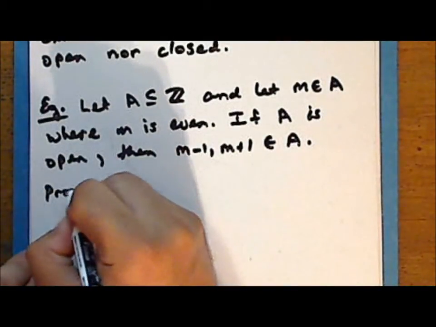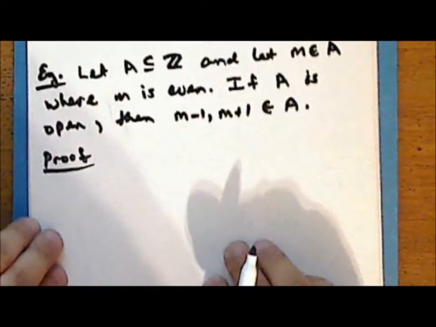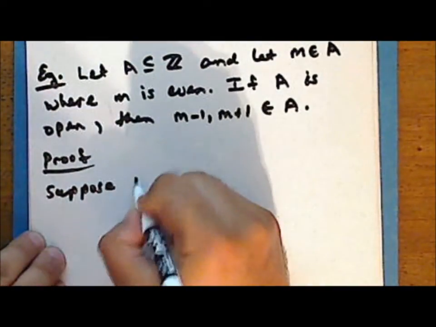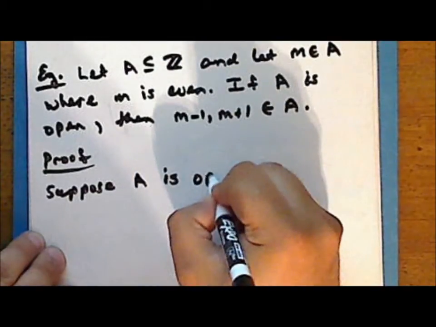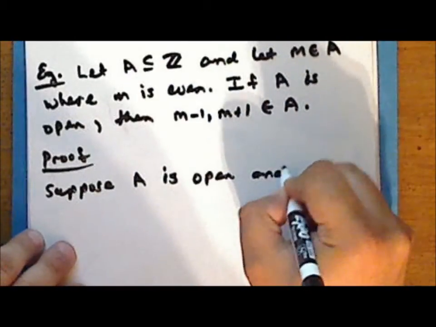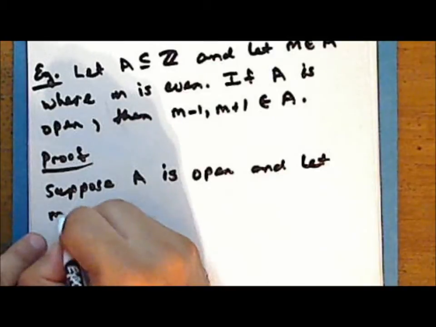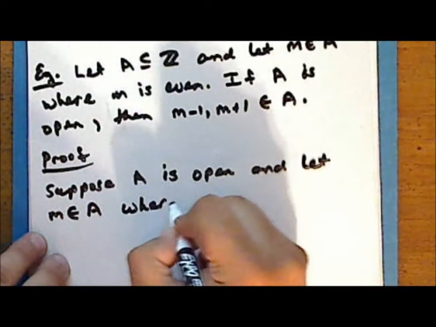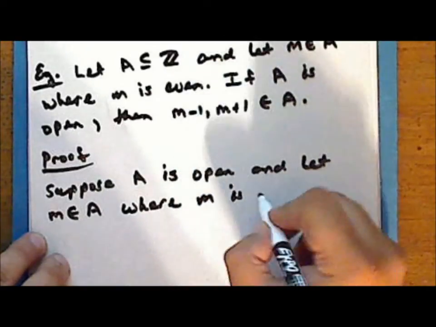So proof: suppose that the set A is open, and let the element m be an element in the set A where m is even.